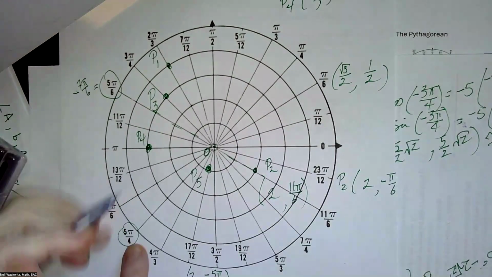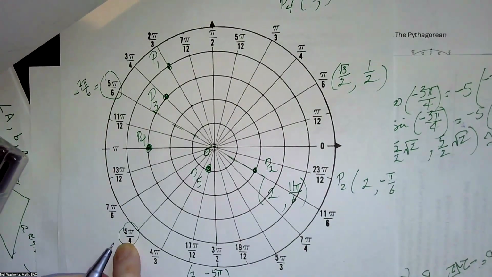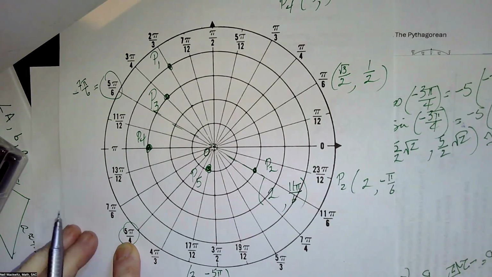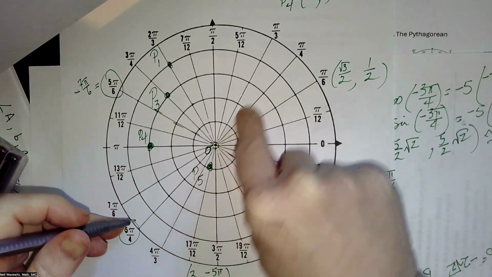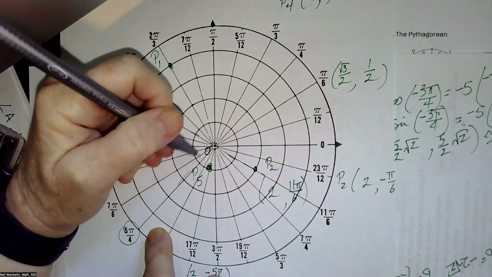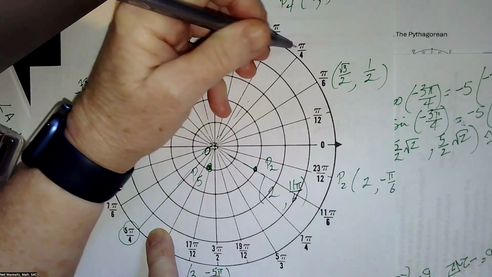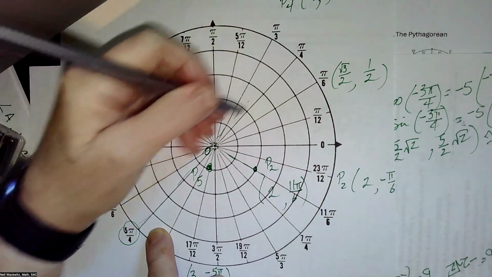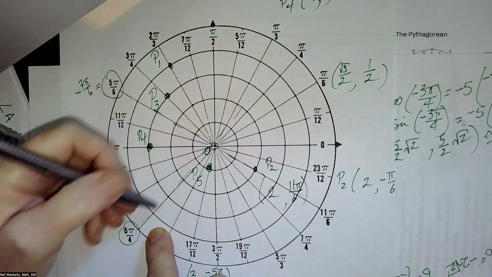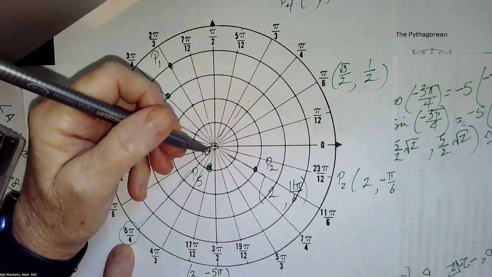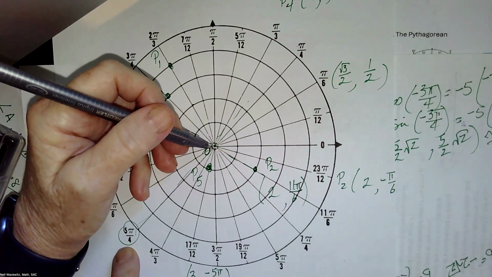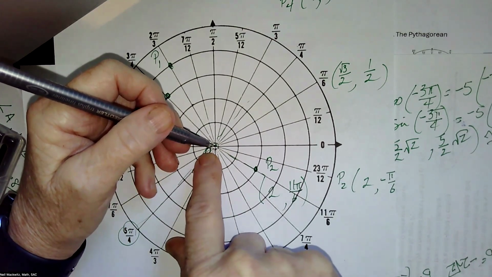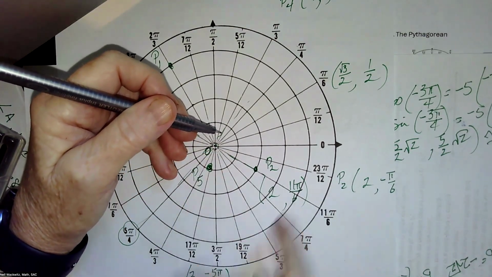We said that negative 3 pi over 4 is in quadrant 3, and that r was negative 5. So I'm going to use this pi over 4 line, but I'm not going to go toward 5 pi over 4 or negative 3 pi over 4. I'm going to go the opposite way, and I'm going to go 5 units.